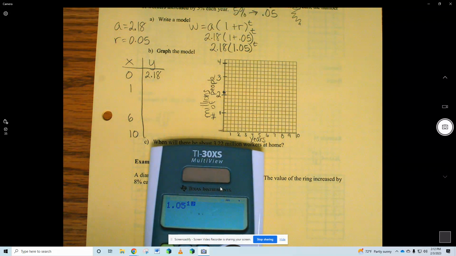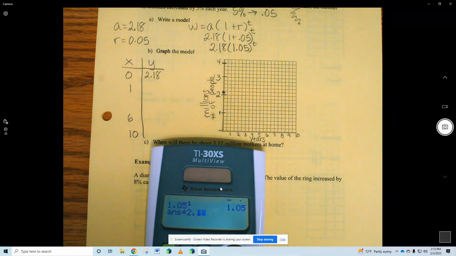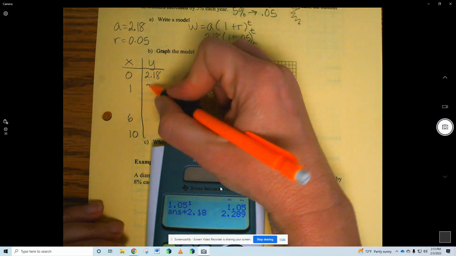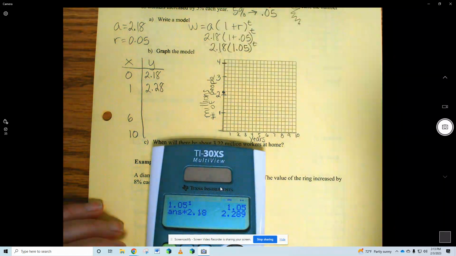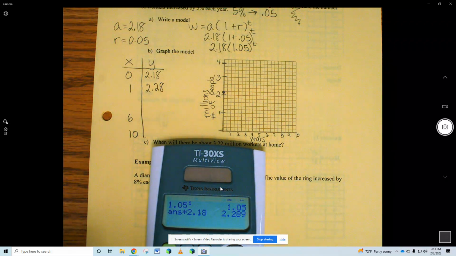You have to do that first and then multiply it by 2.18. So that's my decimal, obviously, times my initial amount, my A. 2,280,000. So on any normal calculator, you must do the exponent first.